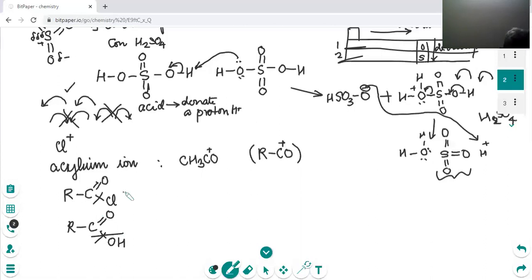Okay, now you convert this R C double bond O. Now see how this breaks. This is breaking this way. Okay, it is breaking this way. RCO plus. And now see here, you have two lone pairs of electrons here.